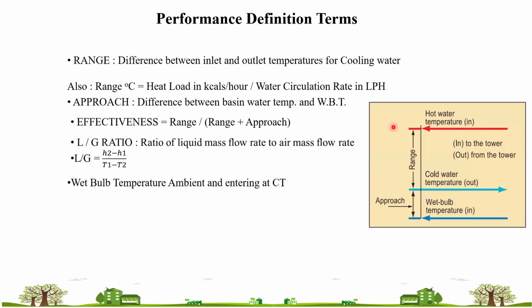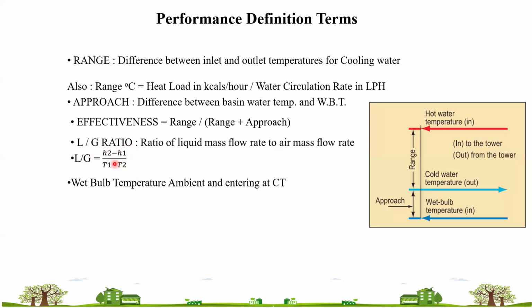So you can get the cooling tower analysis in this particular L by G ratio. L by G ratio can typically also be calculated from the thermodynamic side. H2 minus H1, the enthalpy of outlet air minus the enthalpy of inlet air, divided by T1 minus T2, which is your range.